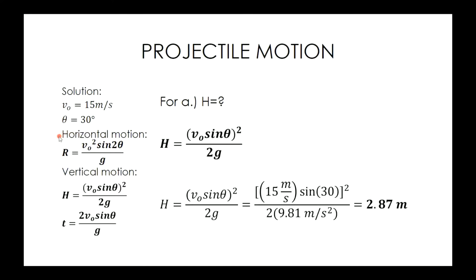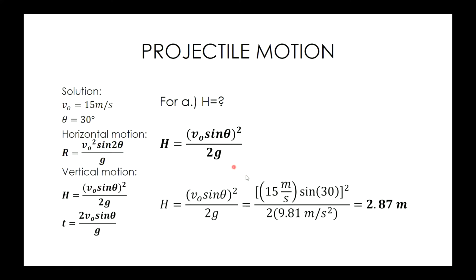Since ito ay simple problems lang, direct substitution kadalasan ang ginagawa sa projectile motion. So we have the formula for range, for height, and for time of flight. So for height, let's use this formula. We have square of initial velocity times sine theta over 2g. So direct substitution lang tayo.